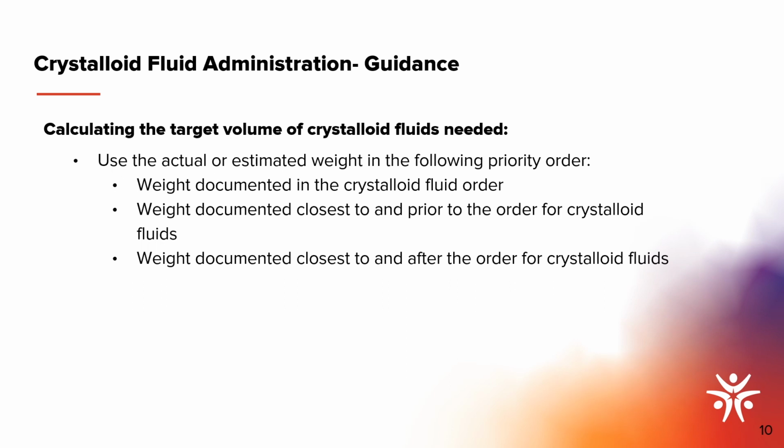I'd like to move on from the crystalloid fluid acceptable time frame and do a review of how to calculate the target volume of fluids to be administered. The guidance instructs us to use the actual or estimated weight in the following priority order: the weight documented within the crystalloid fluid order, the weight documented closest to and prior to the order for crystalloid fluids, weight documented closest to and after the order for crystalloid fluids.